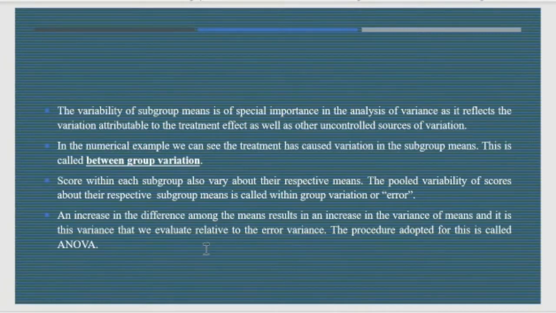True variance is my objective. I want to know whether there is any difference between two groups, and error variance is not my objective. If the true variance is significantly more than the error variance, then my ANOVA result will be significant. If the error variance is more than the true variance, then we say the difference is due to chance and there is no effect of the treatment.